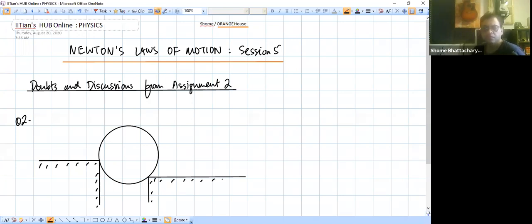The important thing is that the contact force will be along a direction which, first of all, this is also given to us, that if we join the center point with each of these contact points, let's say this is the center point.